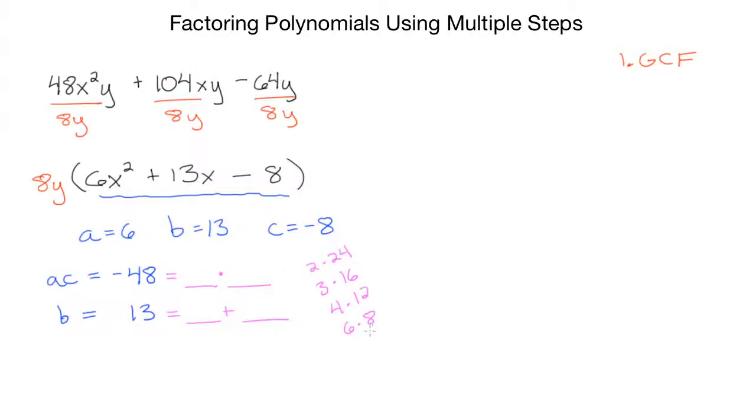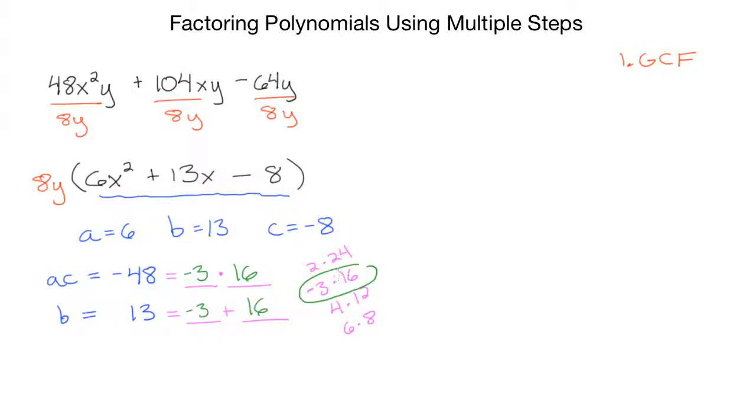And notice they're going to multiply to make negative 48, so one of them has to be negative, the other positive, but they add up to make positive 13. The combination I want is going to be that one right there, negative 3 and positive 16. Those multiply out to make negative 48, and they add to make 13.